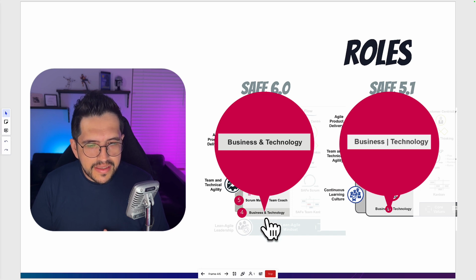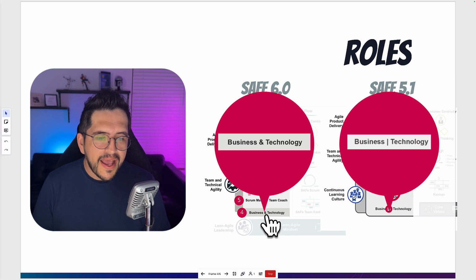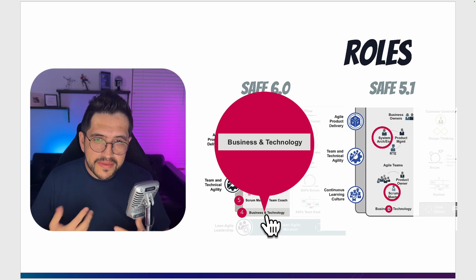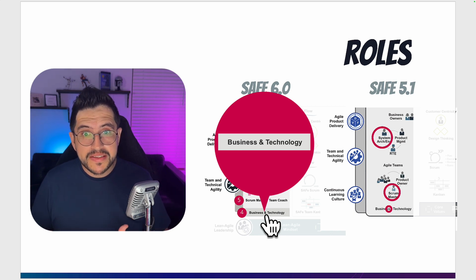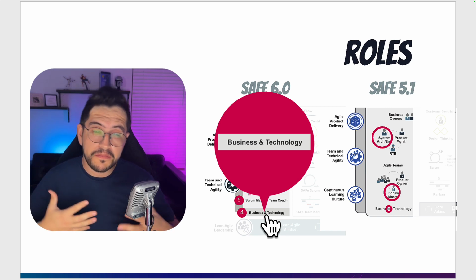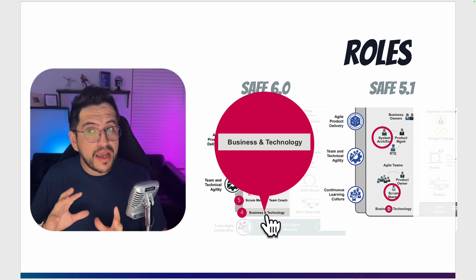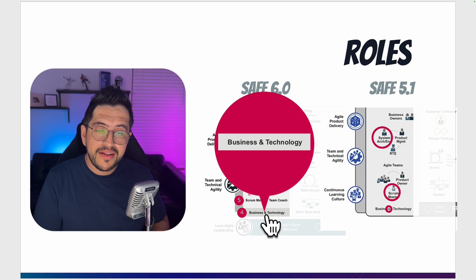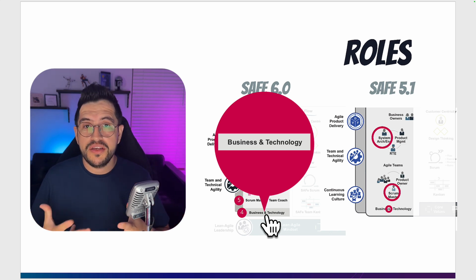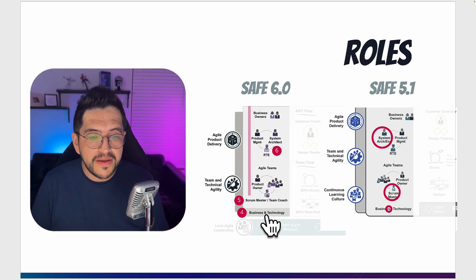They added this ampersand character here, just to highlight that we can have agile release trains and teams that are both business and technology. So it's not only for IT, it's not only for the business. We can have a healthy combination a lot of times, or we have pure business or pure technical teams, but really frequently we are going to have a combination of both. So business and technology. Quite important.